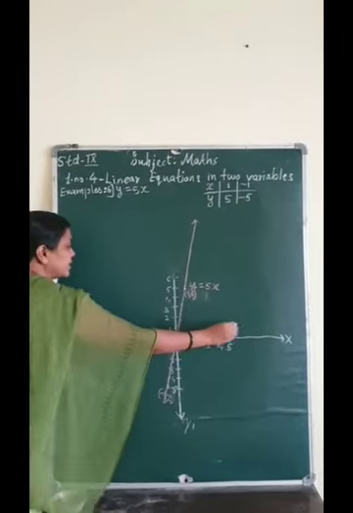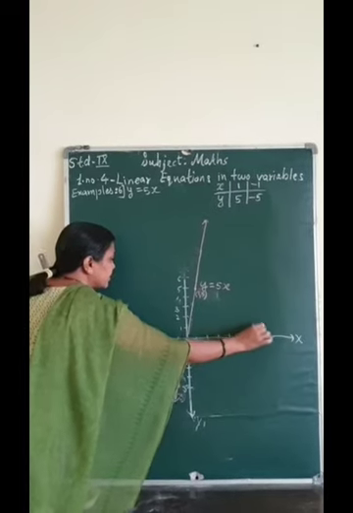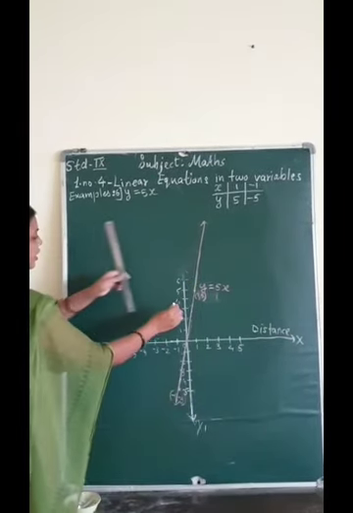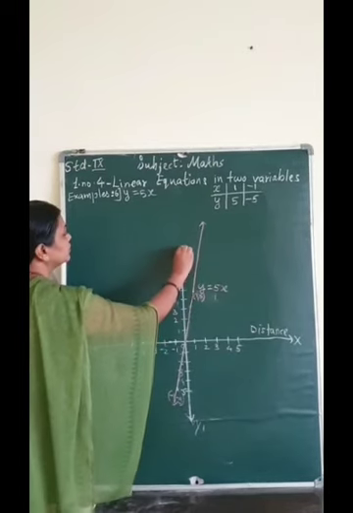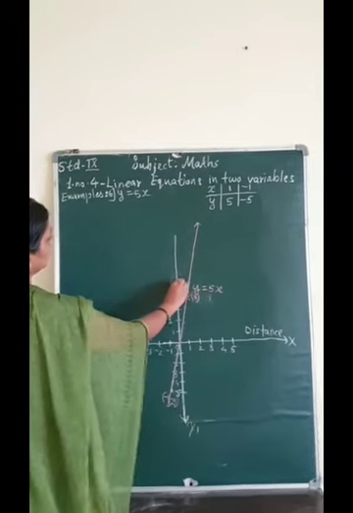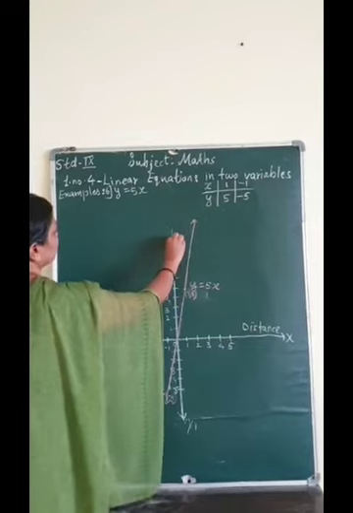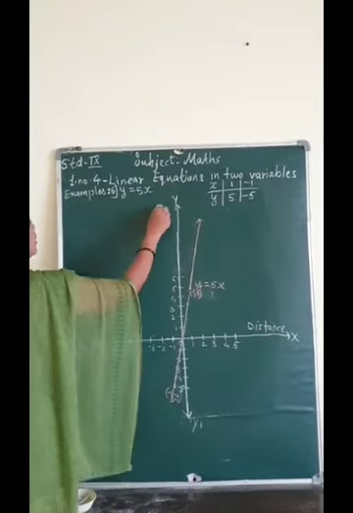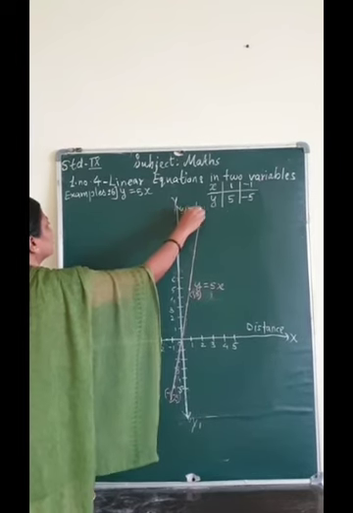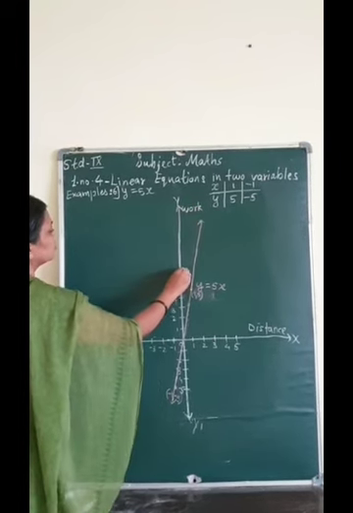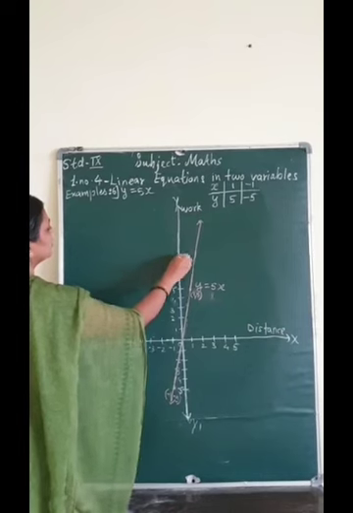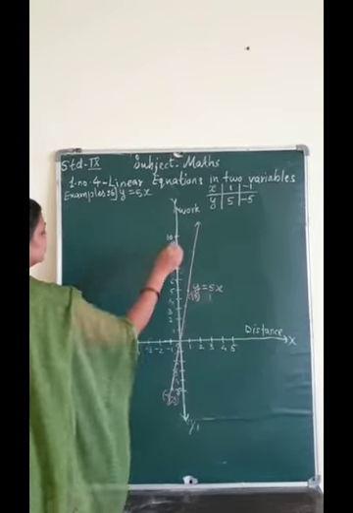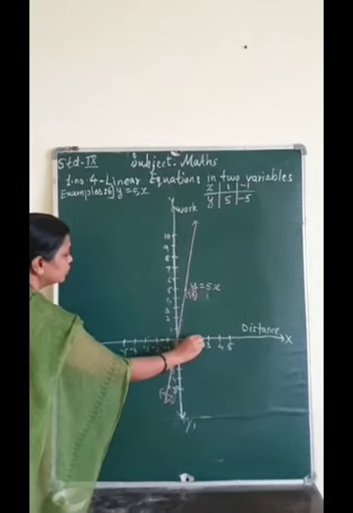So here on the x-axis we have taken distance travelled. Let me extend the y-axis here, that is work done: 7, 8, 9, 10. Now 2 units.